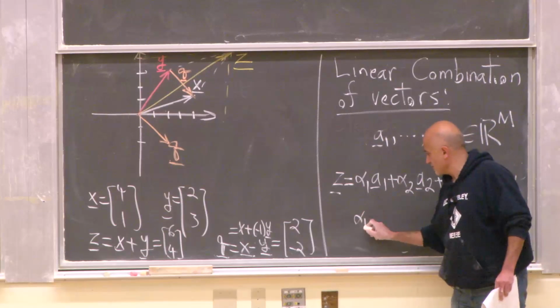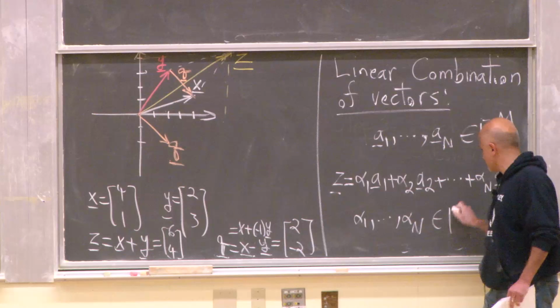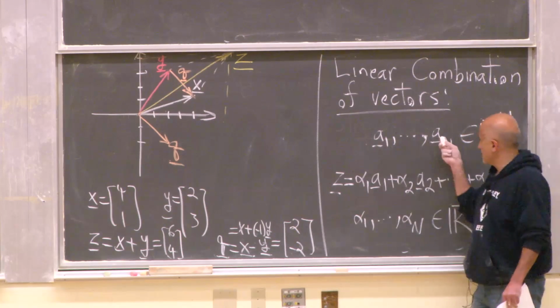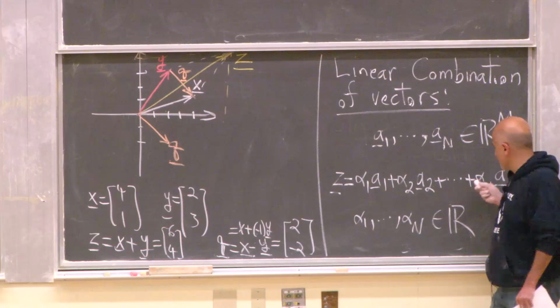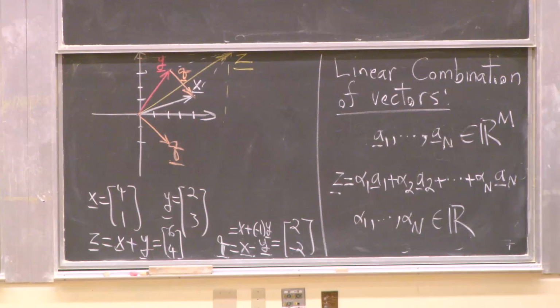So alpha 1 through alpha n are scalars. You take a scalar, scale the first vector by some number alpha 1, scale the second vector by some number alpha 2, and do this all the way to an, your last vector, and you will get another vector that lives in that space.